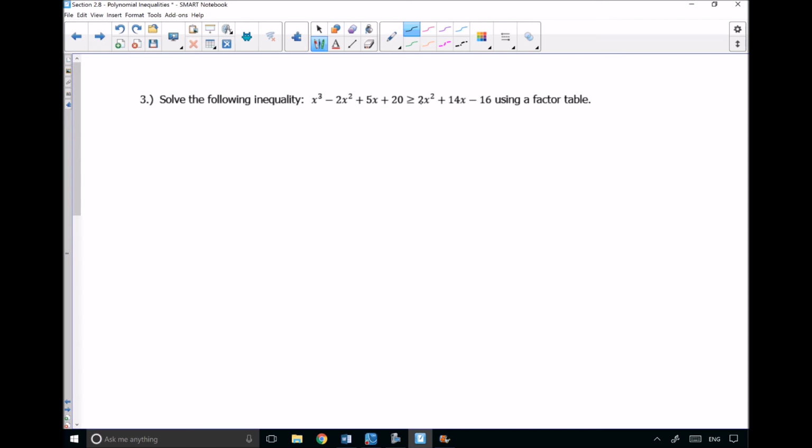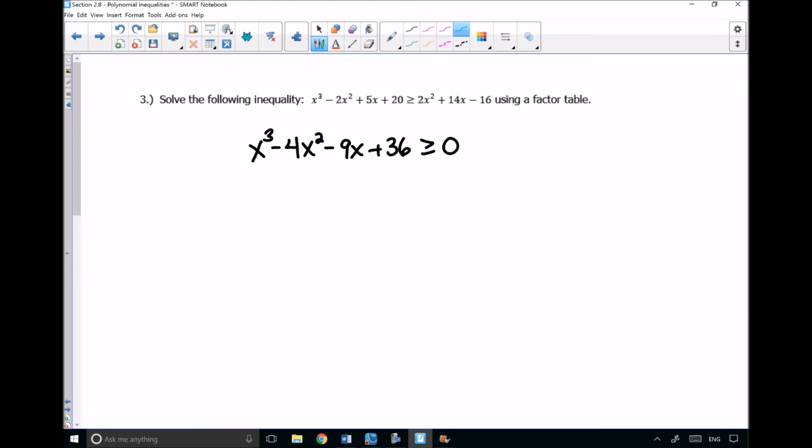So I'm going to subtract the 2x squared. The x cubed stays the same. When I subtract 2x squared from both sides, this becomes negative 4x squared. I'm going to subtract the 14x, so this 5x becomes negative 9x. And I'm going to add the 16, so this 20 becomes 36. And I want it to be greater than or equal to 0.